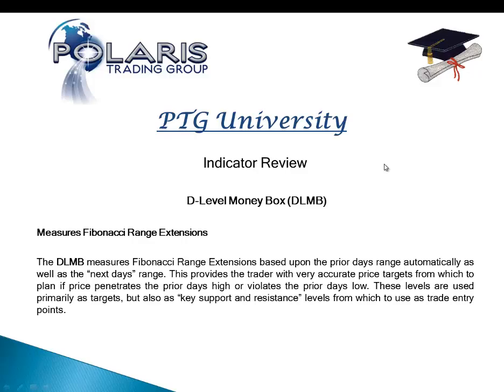This provides the trader with accurate price targets from which to plan if price penetrates the prior day's high or violates the prior day's low. These levels are used primarily as targets, but also as key support and resistance levels to use as trade entry points. So let's go to the charts and see how they're constructed.